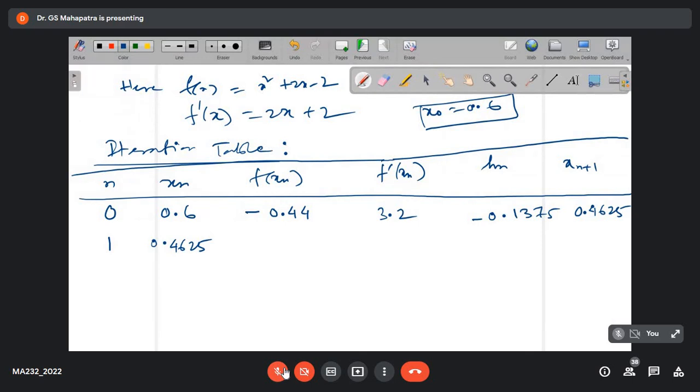You have to find correct up to 3 significant figure. Okay. Minus 0.861. f dash xn, 2.925. What is hn?